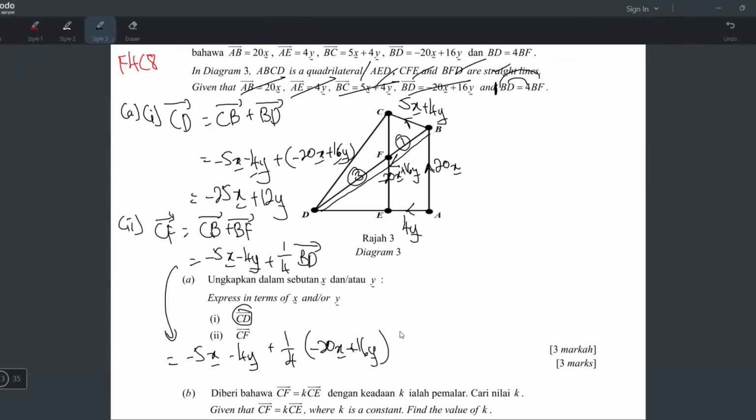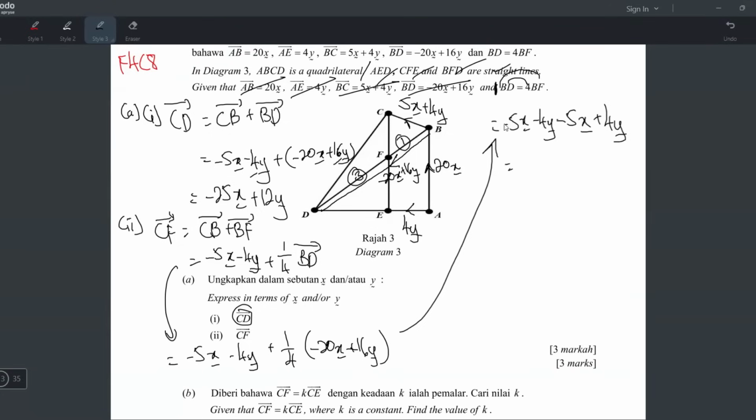Okay, don't have enough space, so I'll just continue here. So it will equal negative 5x minus 4y plus. Negative 20 times 1 over 4 means negative 20 divided by 4, so negative 5. So the plus will change to minus already, so it becomes negative 5x. And then positive 16y divided by 4 will be positive 4y.